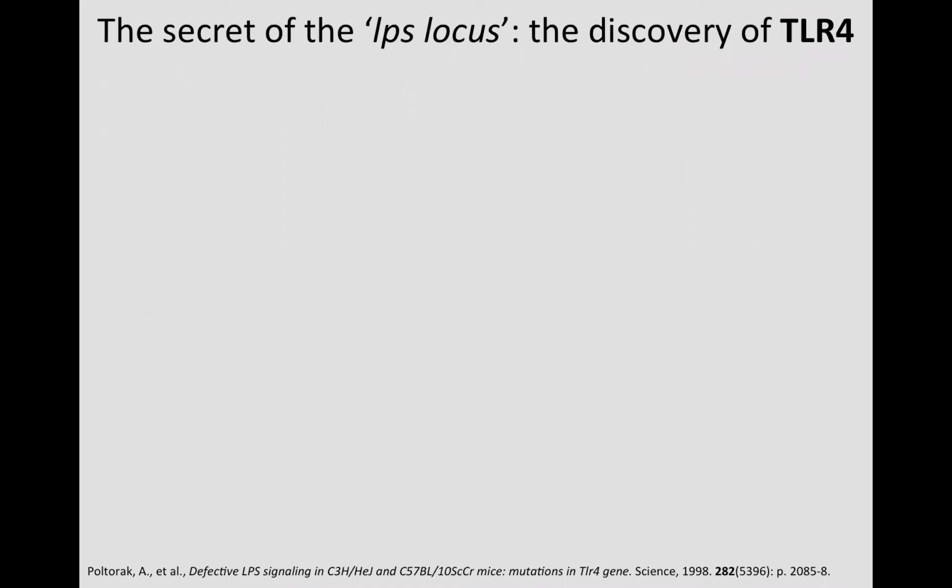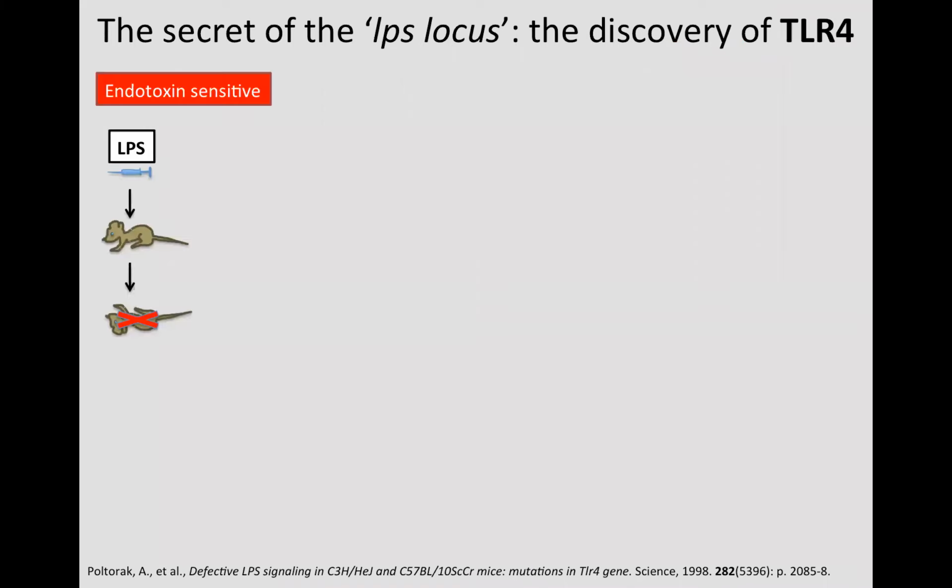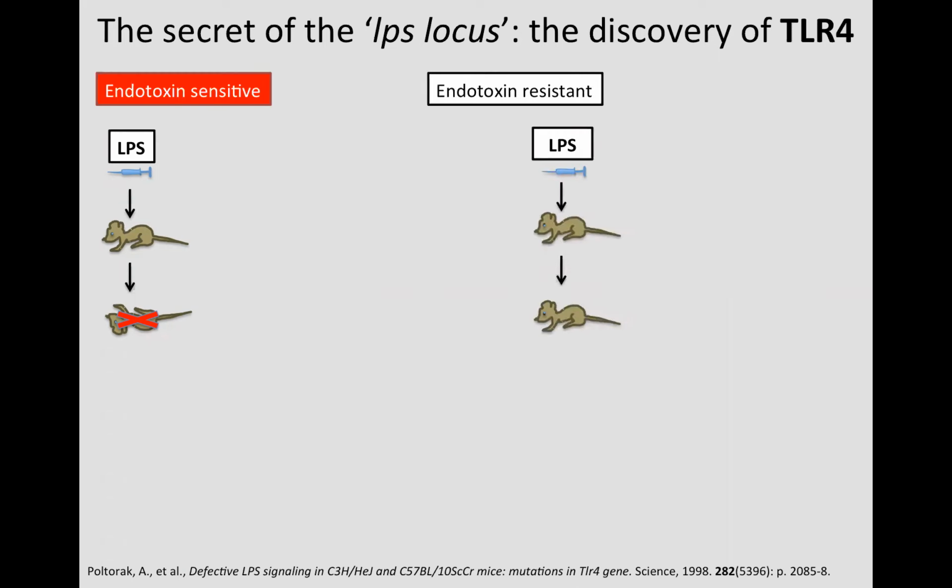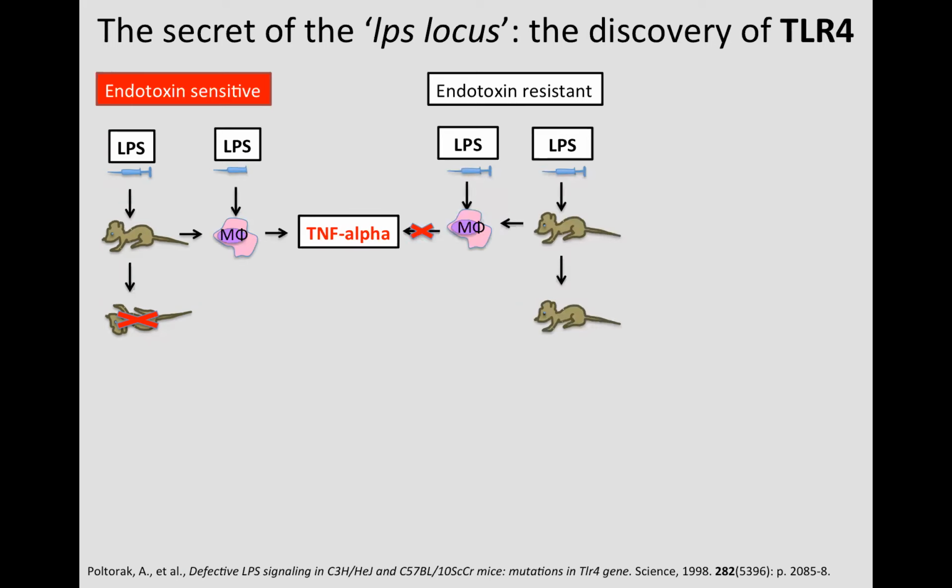So what is special in this LPS locus? It took a very long time. It was in 1998 when Bruce Beutler's group discovered TLR4, the true receptor of LPS. He took the mice which were endotoxin sensitive and endotoxin resistant, and he discovered earlier that macrophages coming from the endotoxin sensitive mice produced huge amounts of TNF-alpha, whereas the endotoxin resistant strain doesn't produce TNF-alpha.